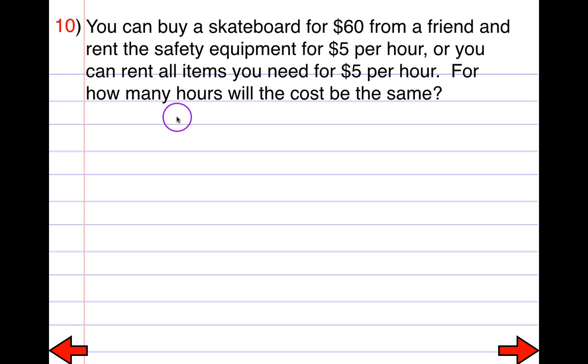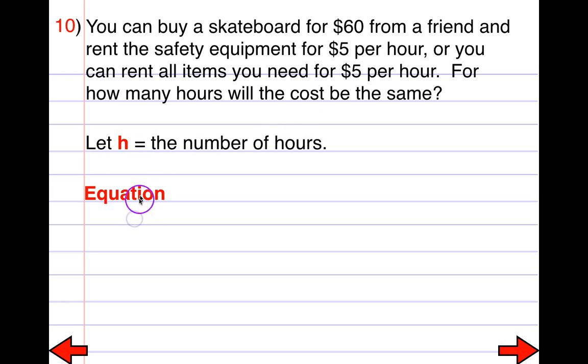So first things first, since they're asking us for how many hours, I'm going to go ahead and let H represent the number of hours. Okay, so whenever you're picking your own variable, you should be identifying to the person or whomever what your variable is representing. So that's why we have the statement here. Now let's go ahead and make an equation.